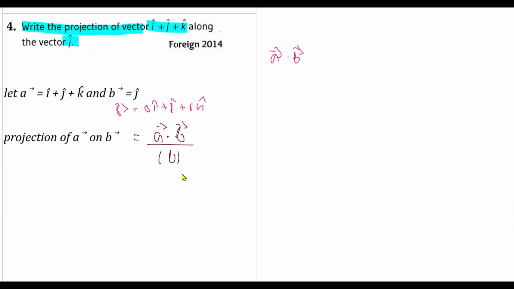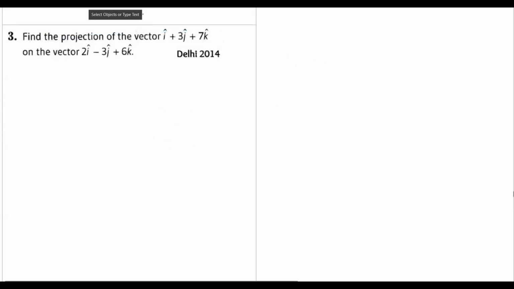So we get A dot B as 1. Further, we have to get B magnitude. B is the modulus of 1 square, which is 1 only. Now we just plug in these values: A dot B is 1 and B magnitude is also 1, so that gives you 1.